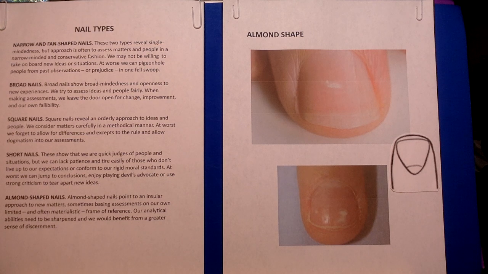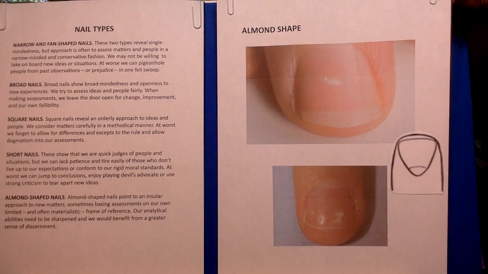Almond-shaped nails point to an insular approach to new matters, sometimes basing assessments on our own limited and often materialistic frame of reference. Our analytical abilities need to be sharpened, and we would benefit from a greater sense of discernment. That's interesting.